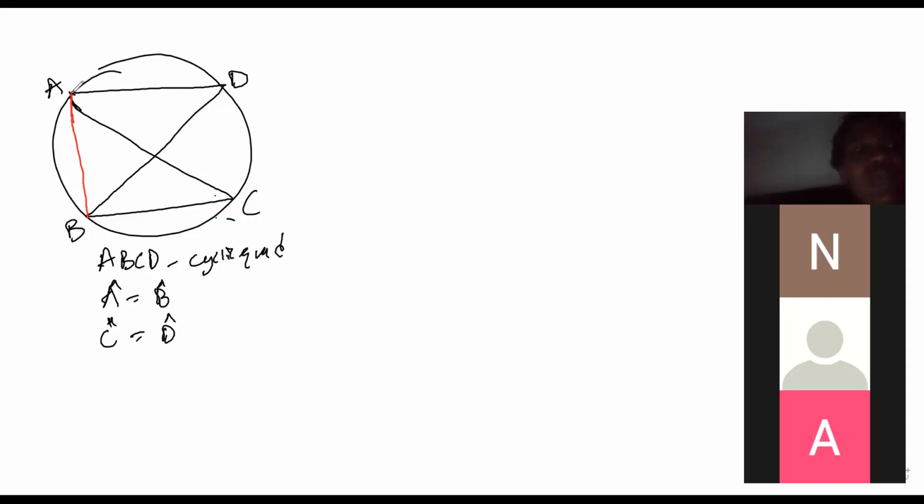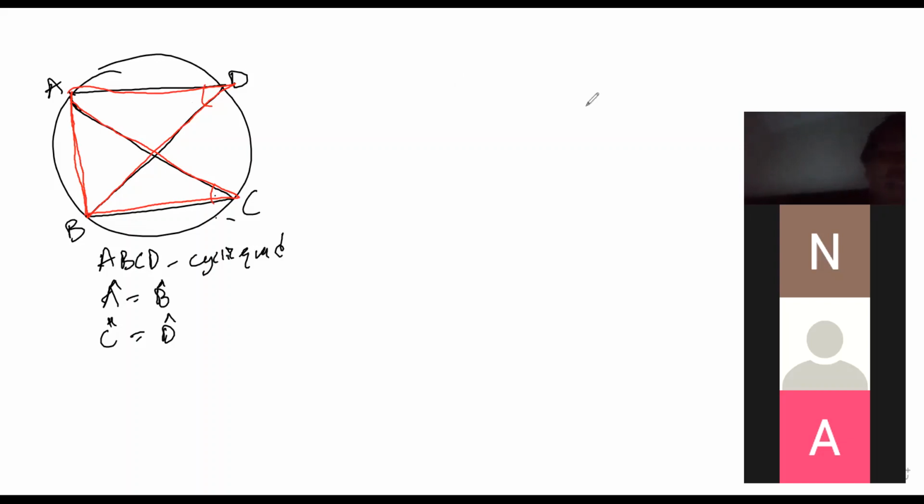So chord AB subtends angle D, and the very same chord AB subtends angle C, right? So they say angles subtended by a chord of the circle on the same side of that circle are equal. You see, they subtend them on the same side. Therefore, these angles are equal. Okay.